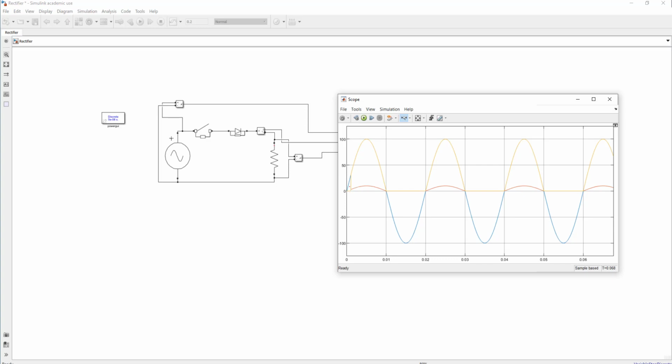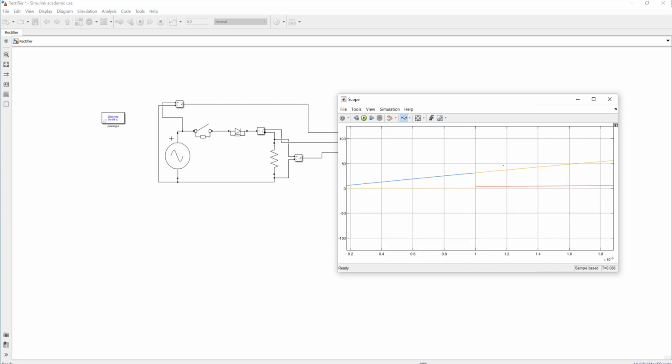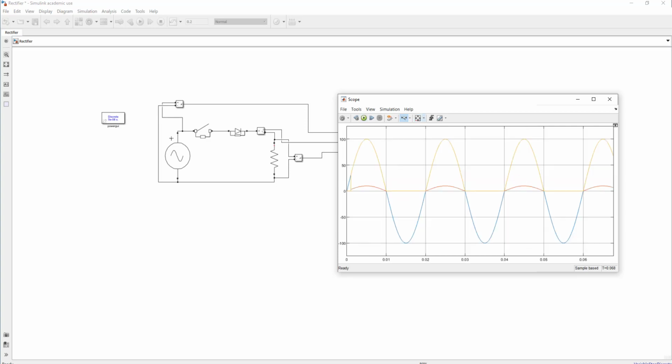So the blue line that you are observing is the supply voltage. It is having both positive as well as negative. If you see carefully, this yellow line and the blue line both almost coincide with each other, and then the small red line that you are able to see, that is the current.